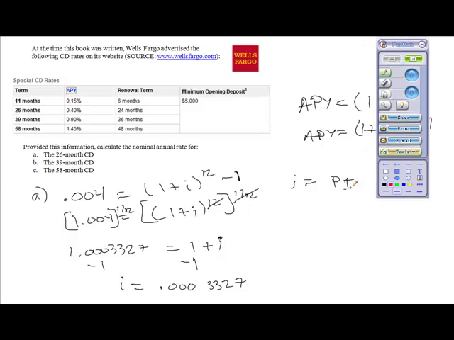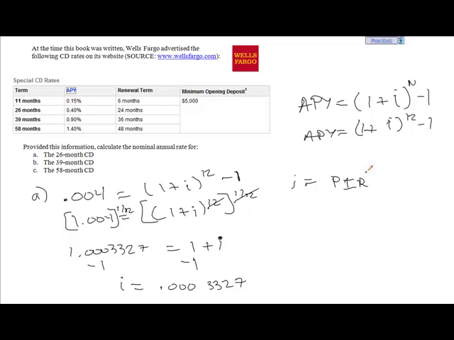Now keep in mind that i is the periodic interest rate. Now we don't want the periodic interest rate. This is the monthly rate, but I want the annual. So I need to recover that. Remember, the bank divides our nominal annual rate by 12 to get the periodic interest rate. So to get back from the periodic interest rate to the nominal annual, I have to multiply by 12. So recall i equals the nominal annual rate divided by the number of times compounded.